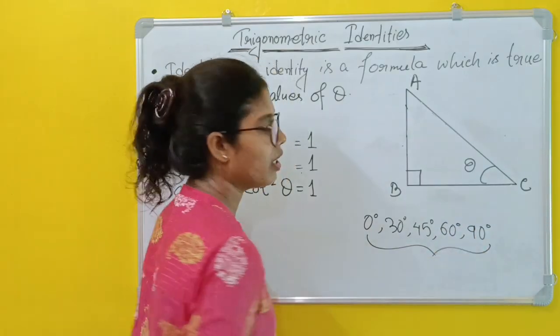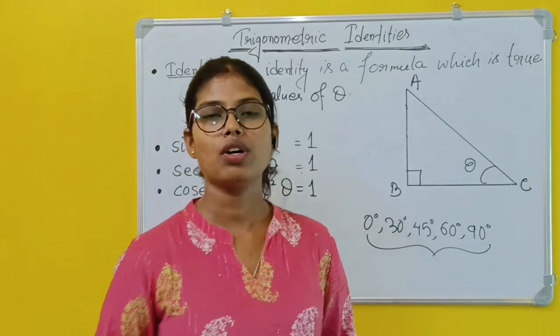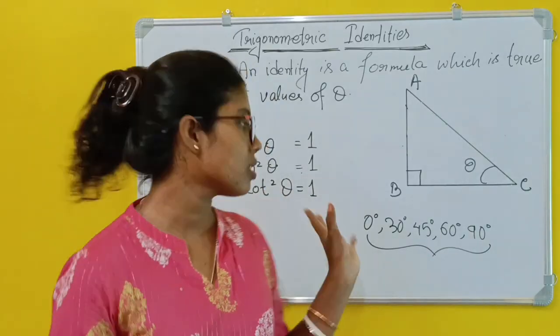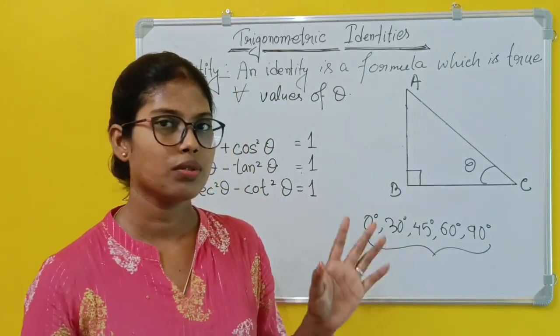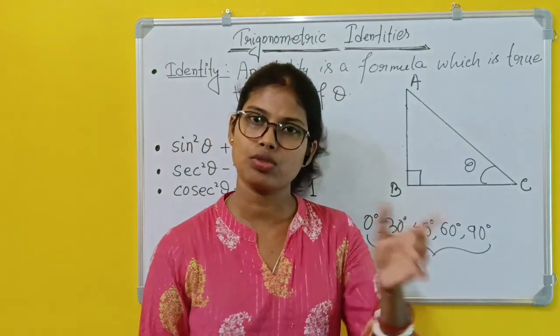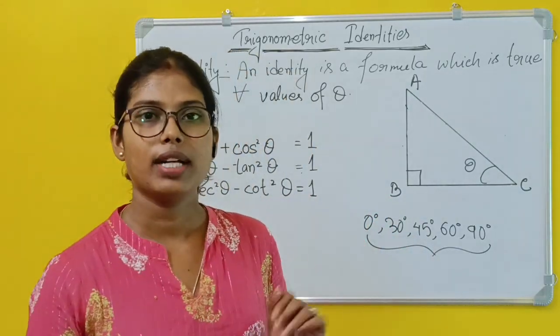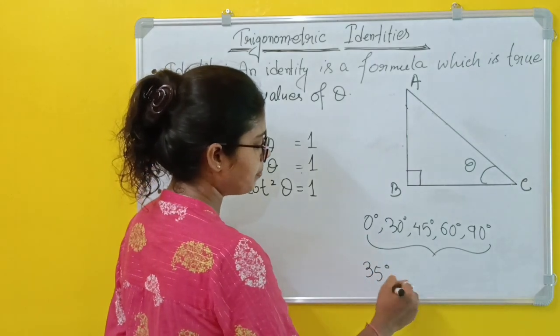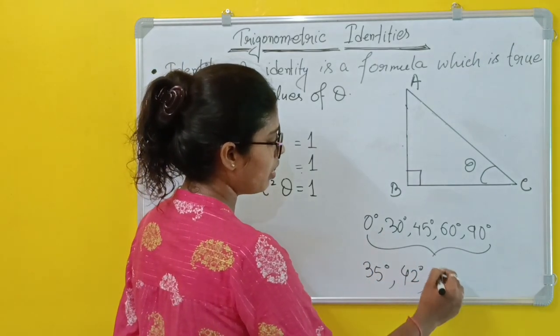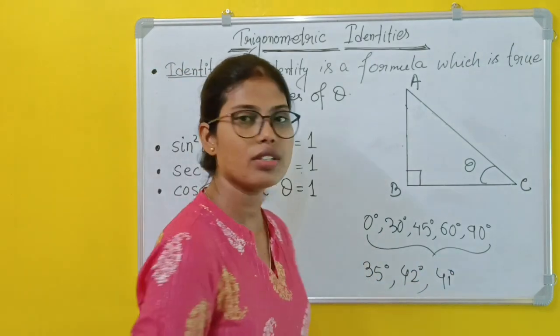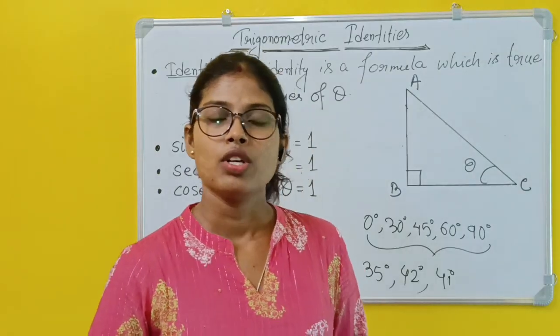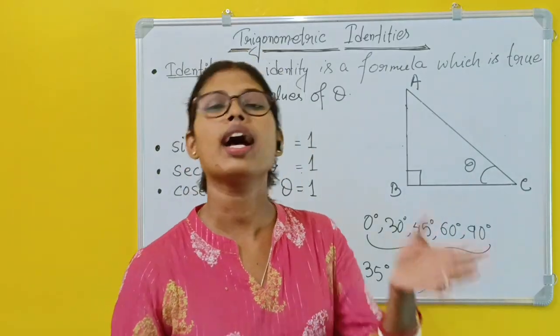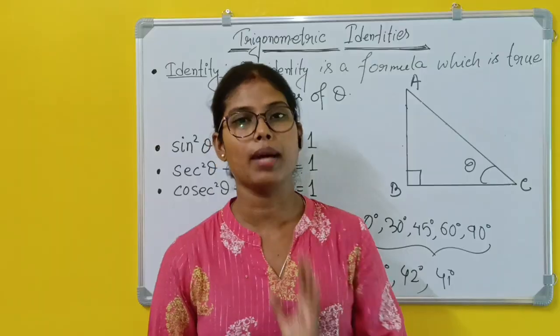We already learned the values of sine, cos, tan and cosec, cot, sec for these standard angles. But if we take 35 degree, 42 degree, 41 degree, which are not standard angles, in that case also the identity will give the same value.